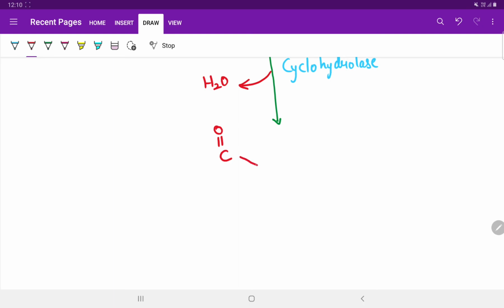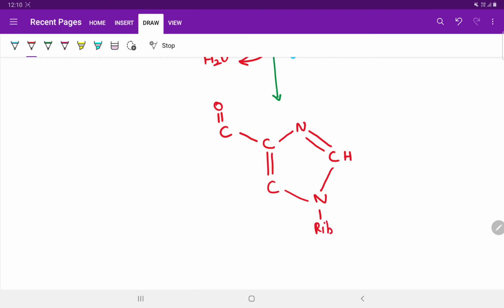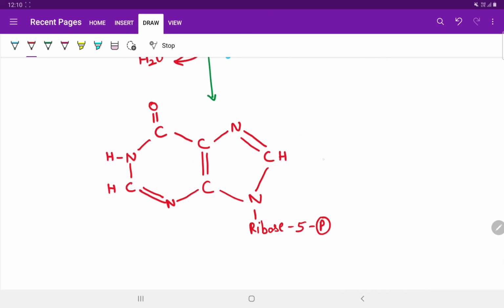So just see here. So a ribose 5-phosphate here, so this is the structure for inosine monophosphate.